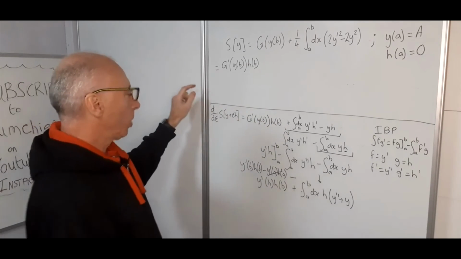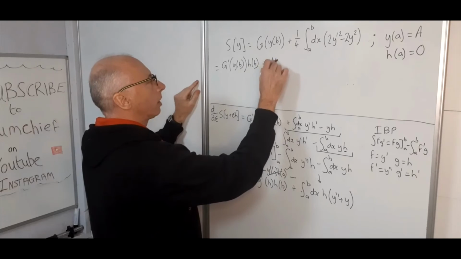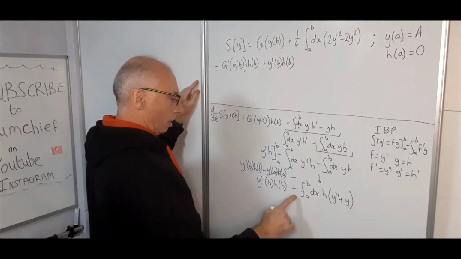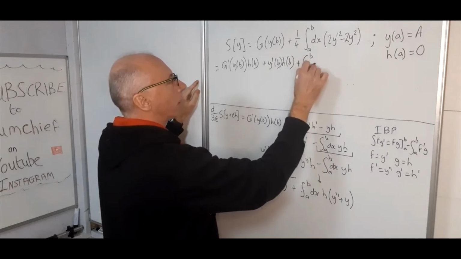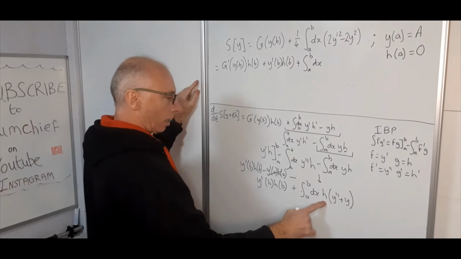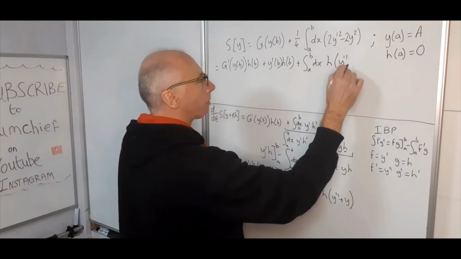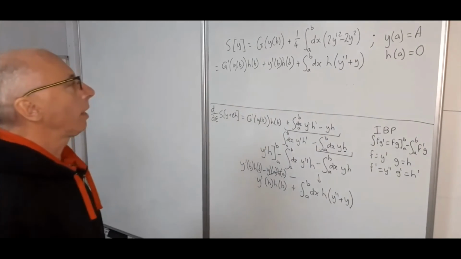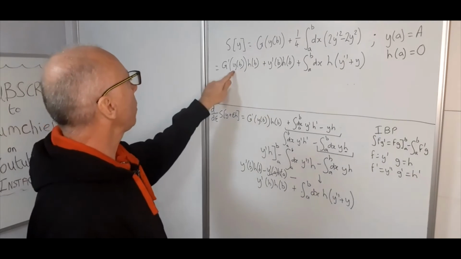So it's going to be plus y prime of b times h of b plus the integral from a to b dx gives us h times y double prime plus y. And then we could just simplify that off a little bit more. We've got h of b in both of these.